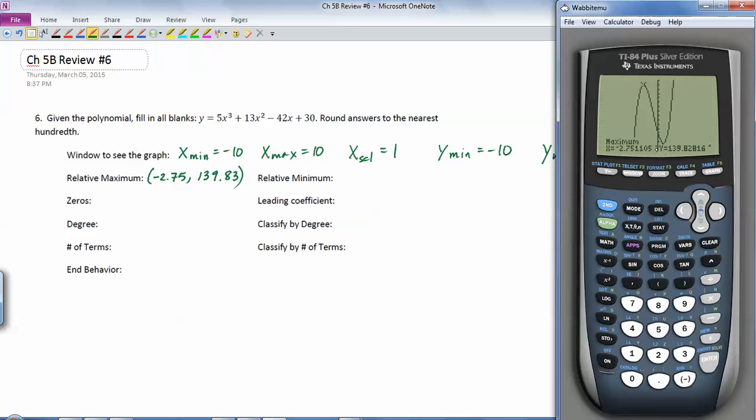Okay, so my relative minimum is down here. So I'm going to go back to second calc, minimum. And, well, you can move the cursor if you want, but one nice thing is whenever it says left bound, well, I know that 0 is on the left side, so I can just actually hit 0 and hit enter.